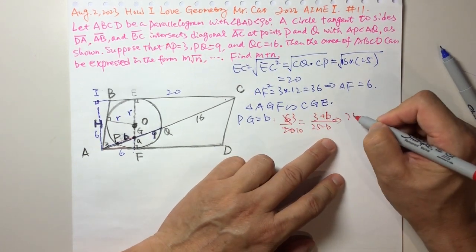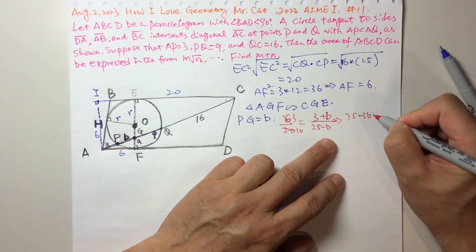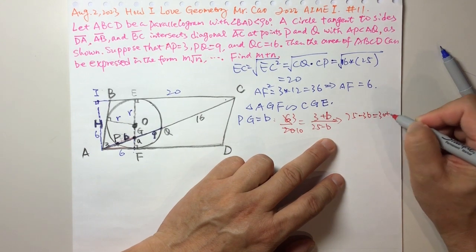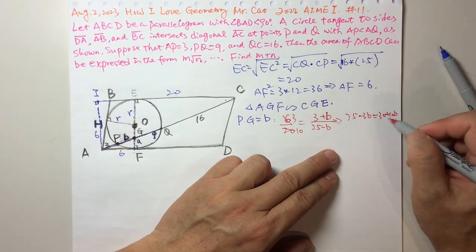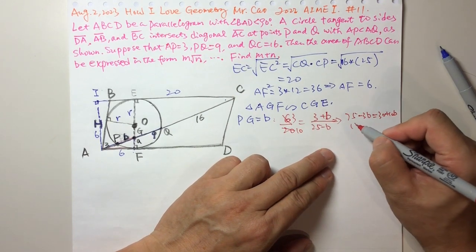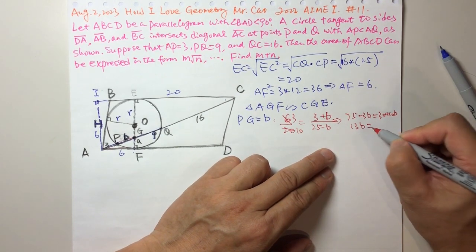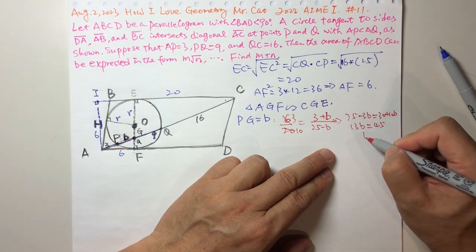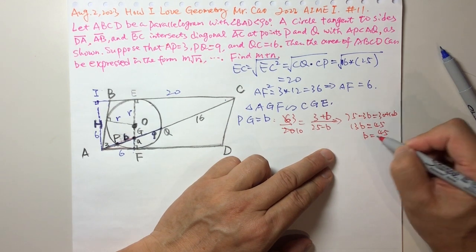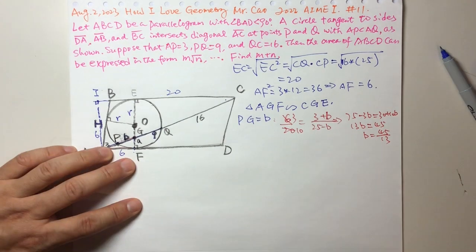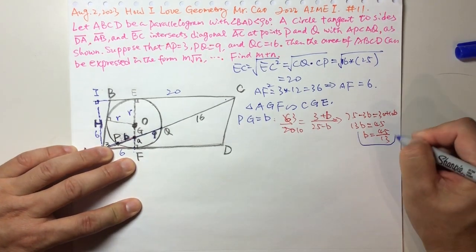So we got 75 minus 3B equals 30 plus 10B. So 13B equals 45. So B equals 45 over 13. Yeah, we got this one.